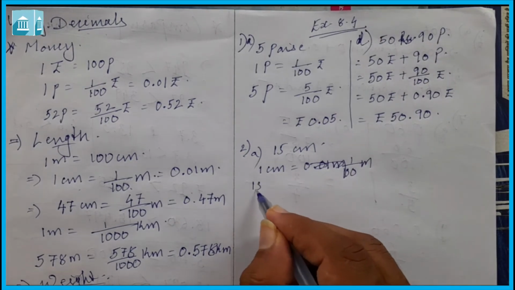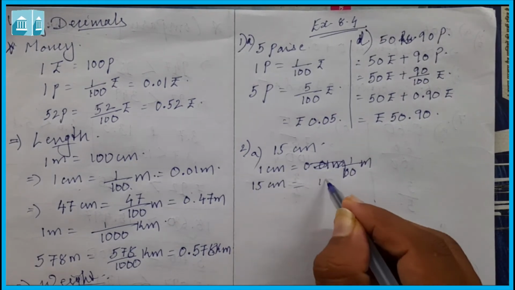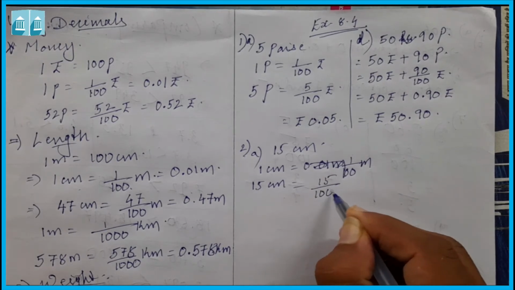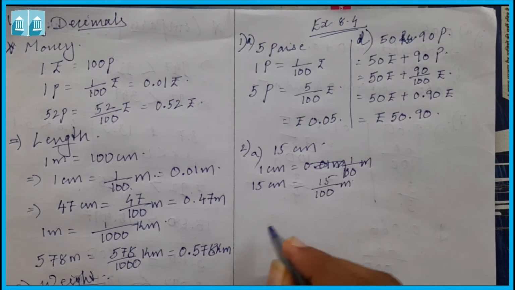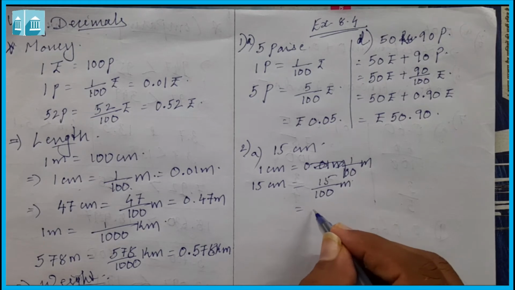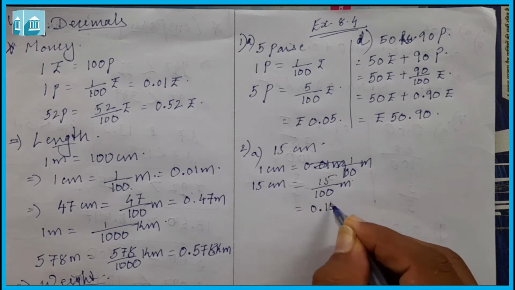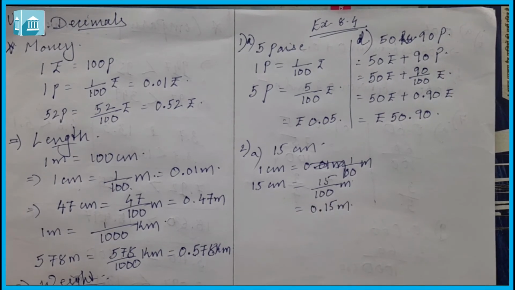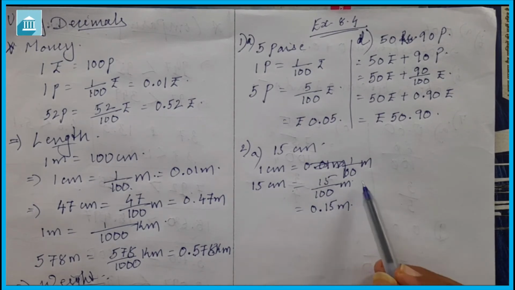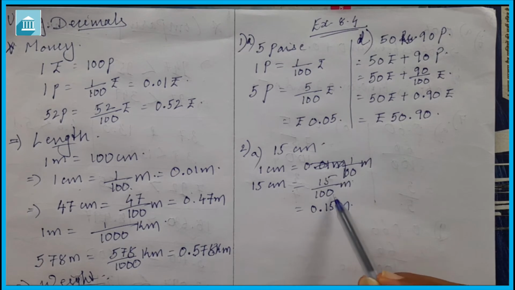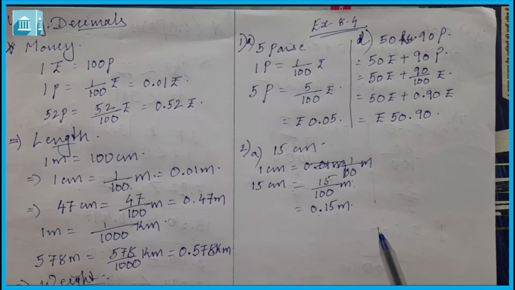So 15 centimeter is equal to 15 upon 100 meter, which is equal to 0.15 meter. So in this way we can convert it.